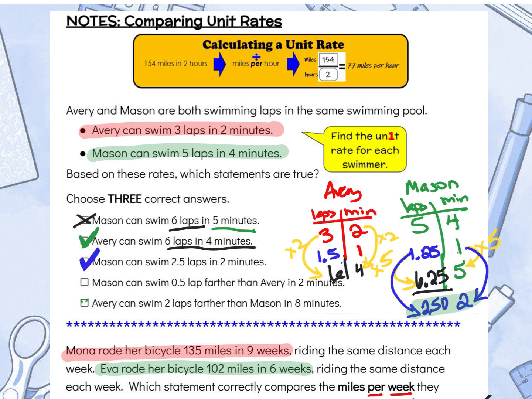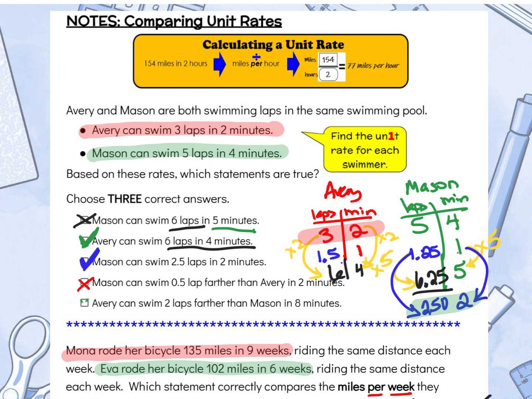We do have Avery's amount for 2 minutes right here, right? Okay, so if we compare them, is Mason's number 0.5 or 5/10 of a lap farther or more than Avery? No, that is not true. It's the opposite, right? Avery had more, so that is a no.